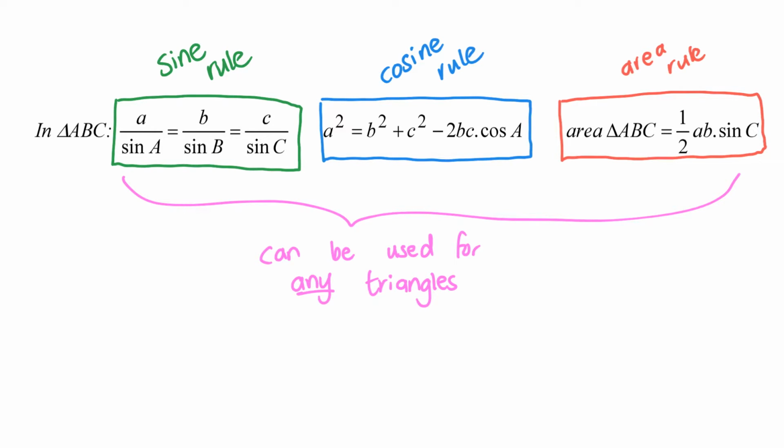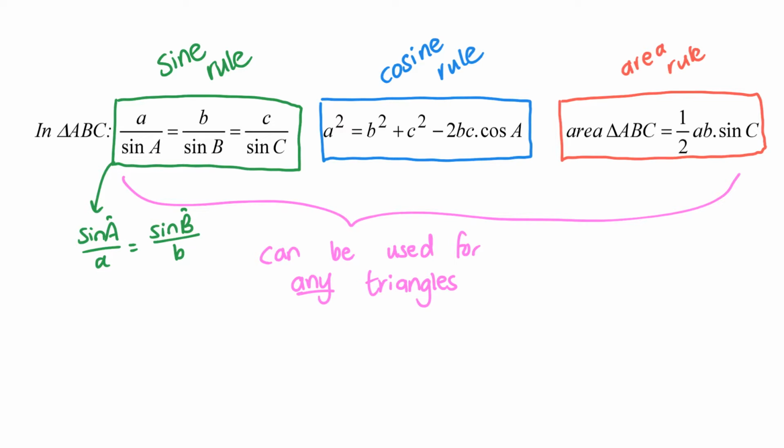Also, remember in the rules, the lowercase letter refers to the side opposite the angle, and the uppercase letter refers to the angle. The rules can be rearranged. So for example, the sine rule could be written as sine A over lowercase a is equal to sine B over lowercase b, as long as you follow standard rules of maths.